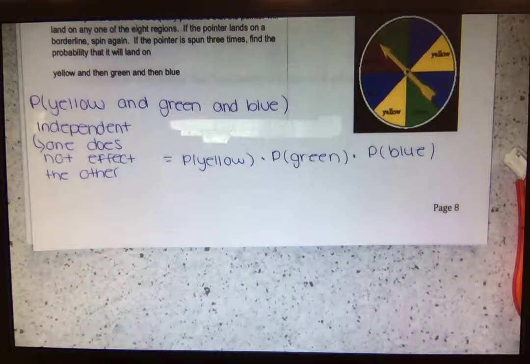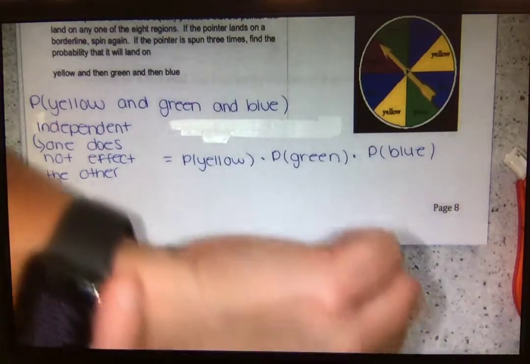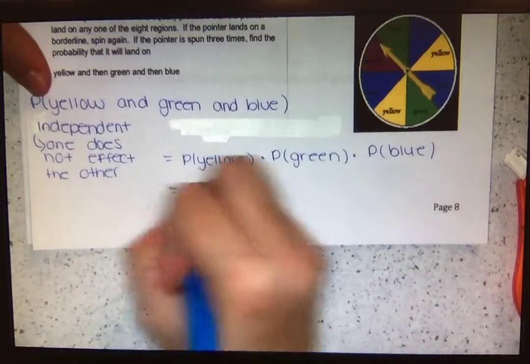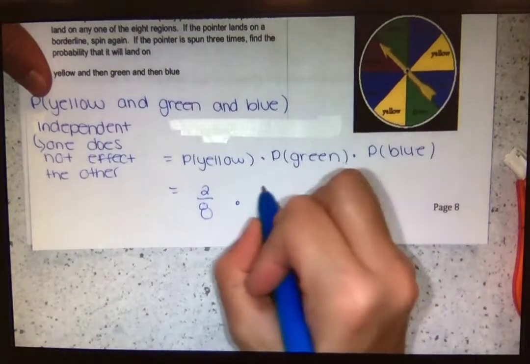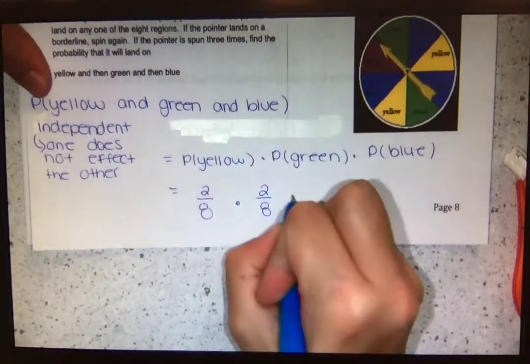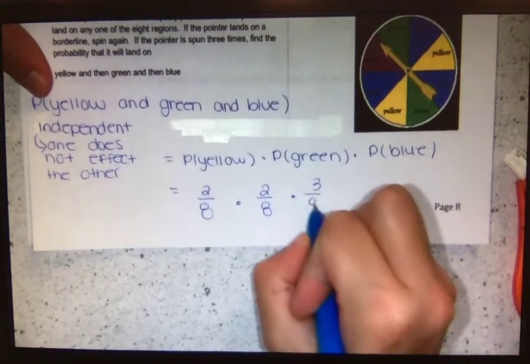How many yellow regions are there? 2 out of how many total? 2 out of 8, thank you. Times how many are green? 2 out of 8 total. Lastly, how many are blue? 3 out of 8 total.